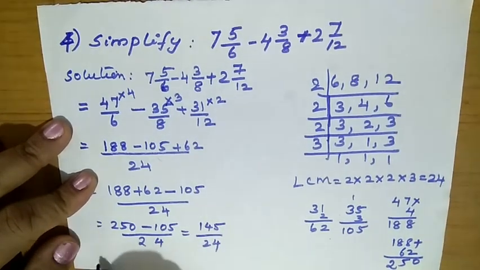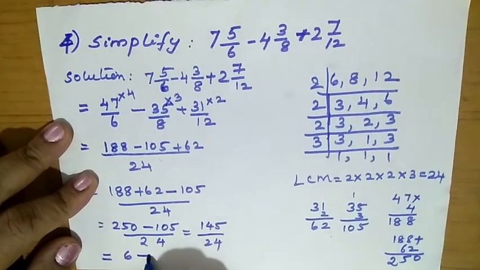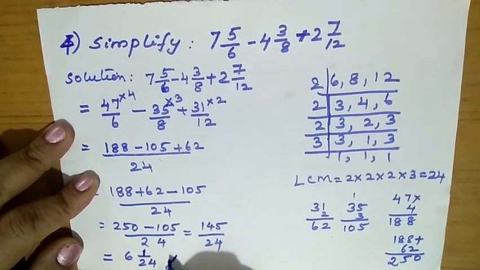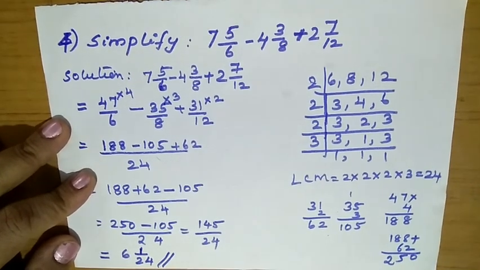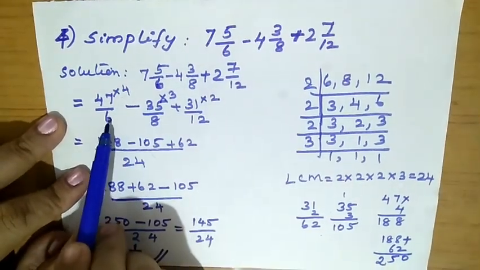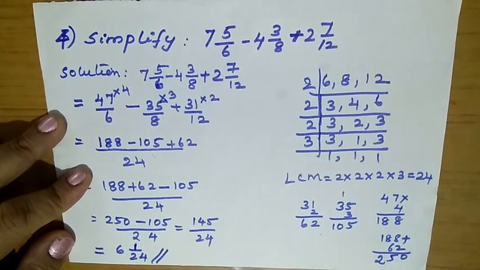If you go for the conversion to mixed fraction, 24 6s are 144, so balance 1, it is equal to 6 integer 1/24. So in this question, mixed fractions are given, so we converted into improper fractions, then we calculated the LCM, then the normal method.